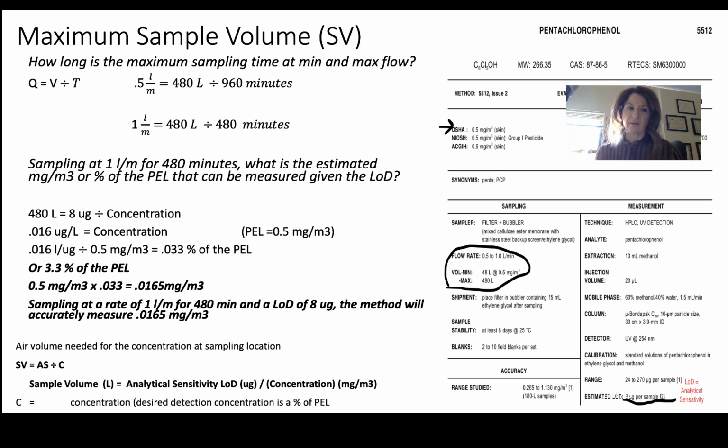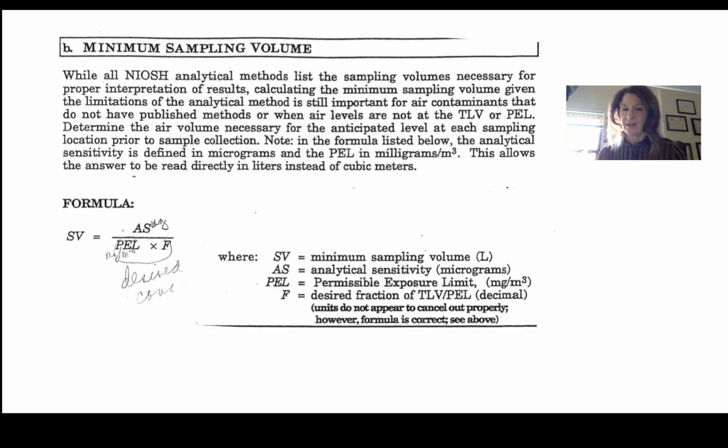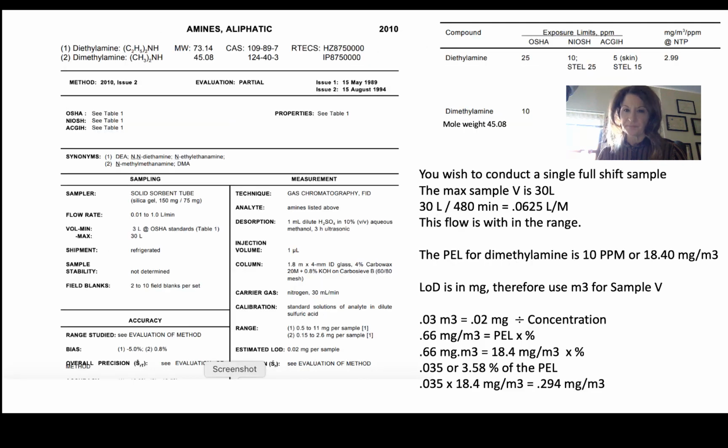So here is the math typed out for you, if you wanted to go through it again, since my calculator wasn't very visible in that last example. And this is from the Qualitative Industrial Hygiene Manual, so you can take a look at the formula that I was using and how it was described, and where you're using a fraction of the permissible exposure limit.